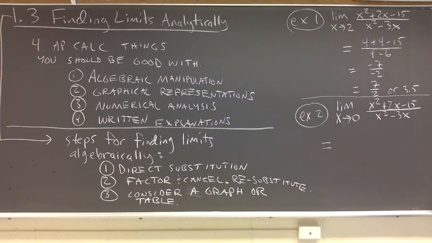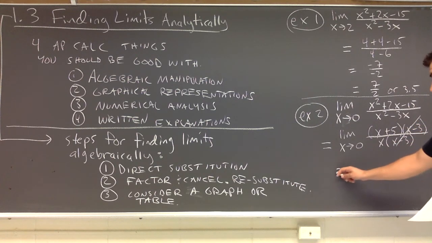So notice I'm still using the notation, the limit as x approaches 0. Because I'm not plugging anything in, I'm not actually figuring anything out yet, I'm just manipulating it. So we're still technically finding a limit. Then here we're going to get x plus 5 times x minus 3. Down here you can take out an x as a GCF, and then the x minus 3's cancel out.